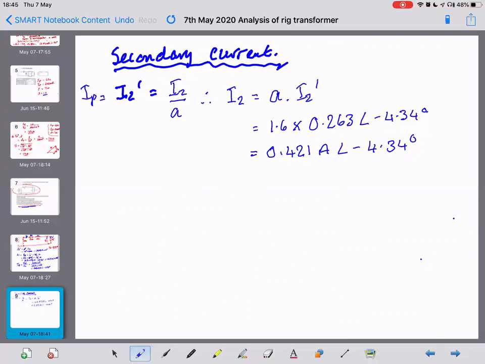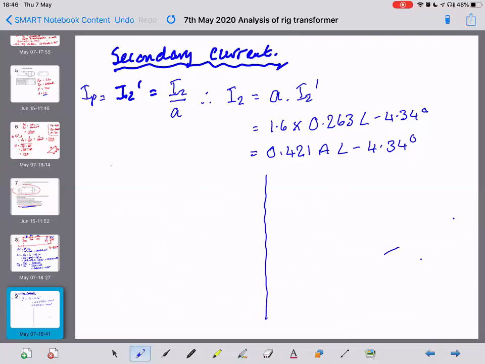Remember that the secondary winding impedance is all built into that RP and XP anyway. So the only load we've got on the secondary is the actual load resistor.